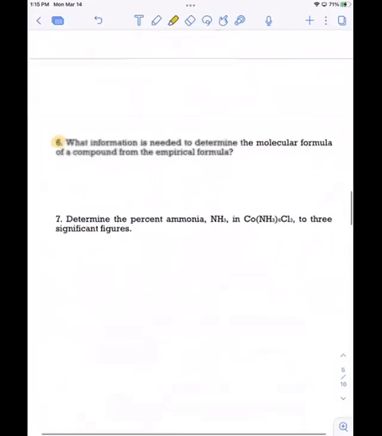What information is needed to determine the molecular formula of a compound from the empirical formula? So if you have the empirical formula and you want the molecular formula, how do you calculate that? What's the process for doing that? What do we have to do first?